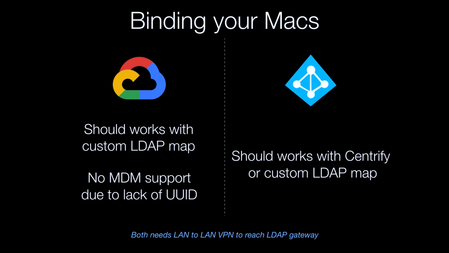This works well, but it relies on UUID. And since you don't have UUID with Google, you will not be able to use that part. So yes, you can certainly bind your Mac to your Google LDAP service, but you won't be able to manage at the user level of the session. You will be able to manage with MDM only at the computer level, and that may be a bit limiting.